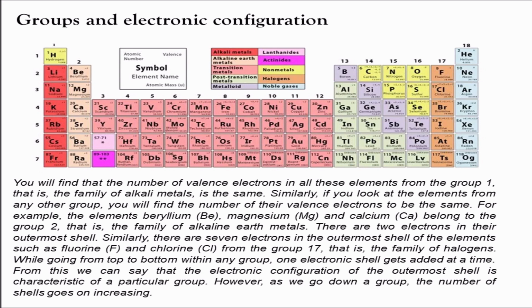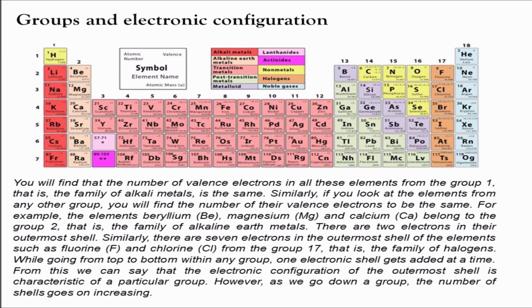So look at group number 1. We got hydrogen, lithium, sodium, potassium, rubidium, cesium, and francium. All these elements which belong to group number 1 have 1 valence electron. Similarly, if you look at the elements from any other group, we'll find the number of valence electrons to be the same. Valence electrons, not valency.